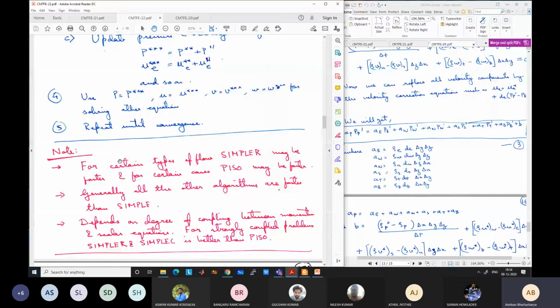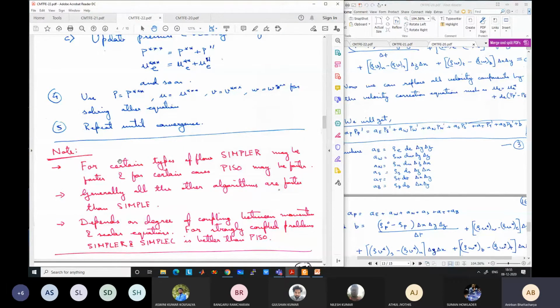Similarly, for compressible flows, there are other algorithms which we cannot study in this course. So if somebody works on a research problem in compressible flow, he or she will get to know those other algorithms. Remember, these algorithms can also take into account variation of density as we have discussed previously, using an equation of state like rho is equal to P by RT or similar other equations of state.